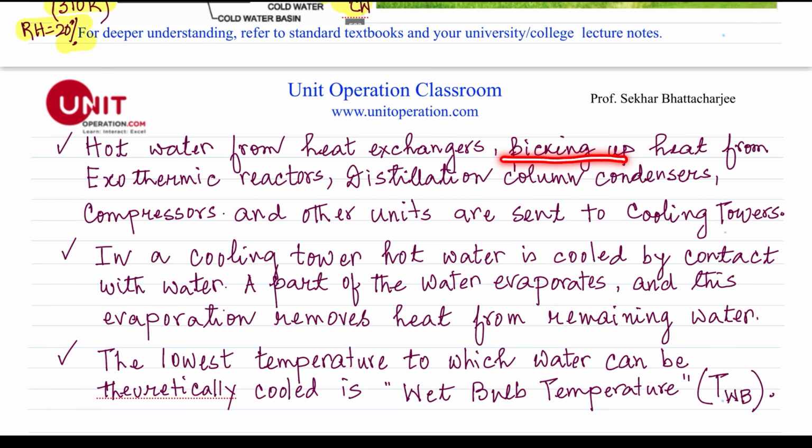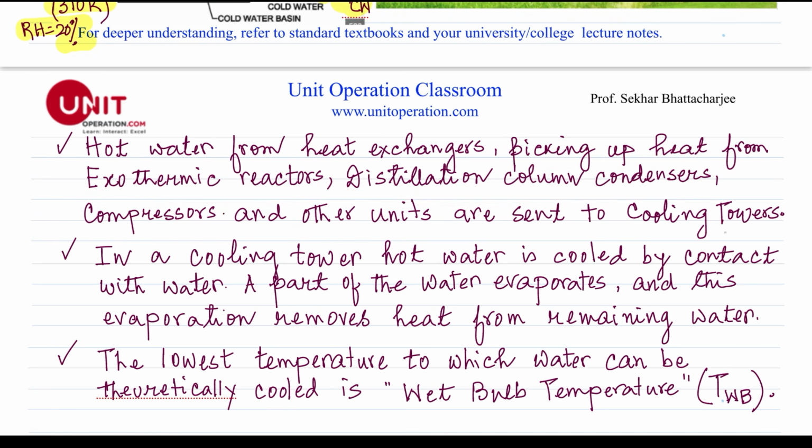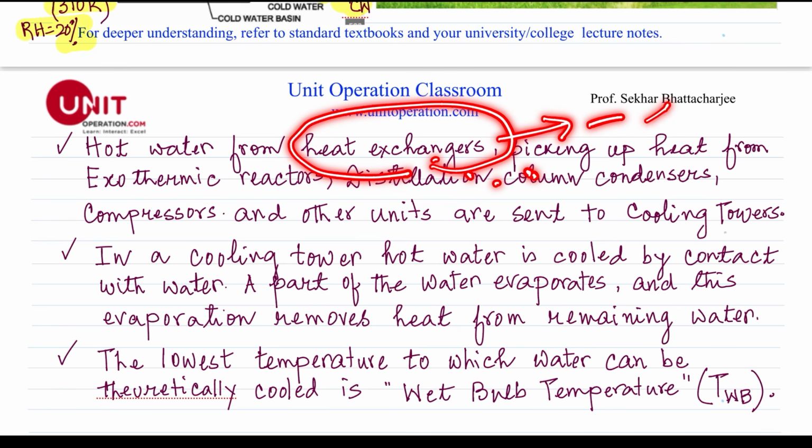pick up heat from, let's say, exothermic reactors, distillation column condensers, etc. And so these heat exchangers, let's say, are cooled by water. So the water picks up the heat from these units and therefore becomes heated. So let's say they come out at 40 degrees Celsius, 45 degrees Celsius, whatever.